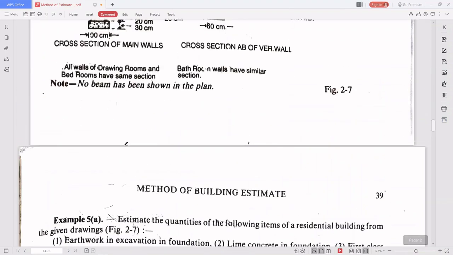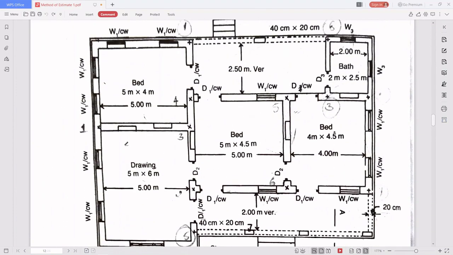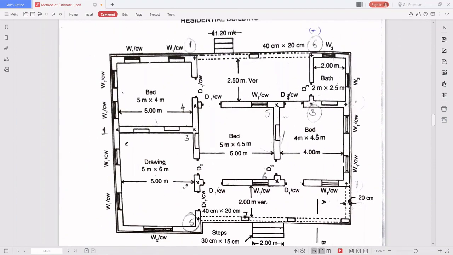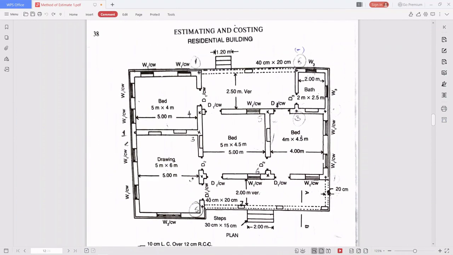First we will see the diagram. This is the residential building plan. You should see the diagram very carefully, one component at a time. This is a plan, so they are directly giving us the wall plan, the floor plan.